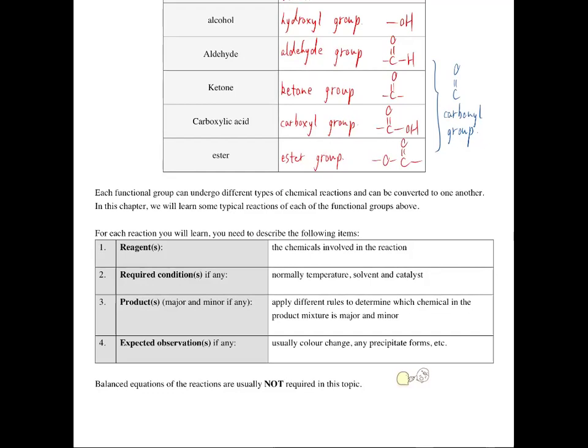Remember, in Unit 27 we discussed that sometimes it may form a major product and a minor product because of the different stability of the carbocation. So you need to be able to work out both of the products, work out which one is going to be the major product, and also state the reason.